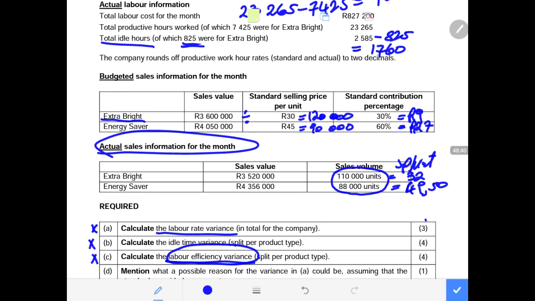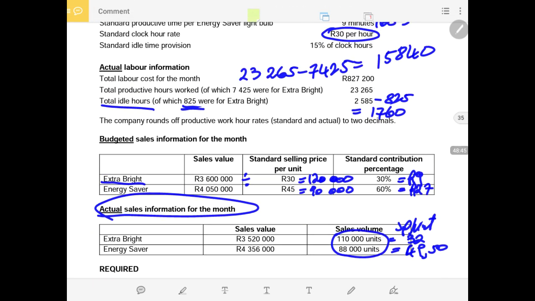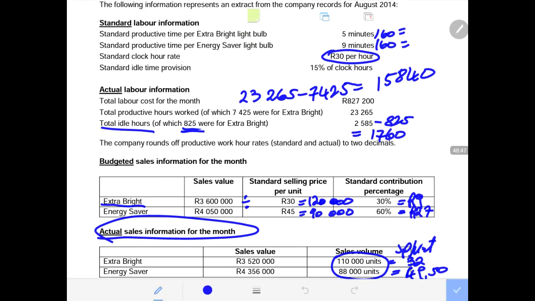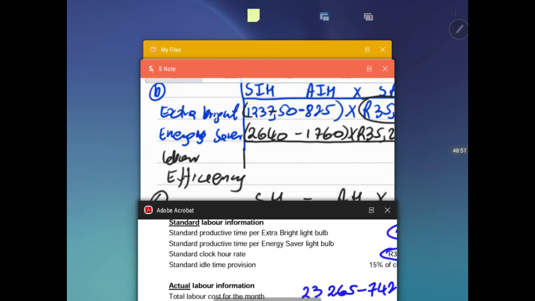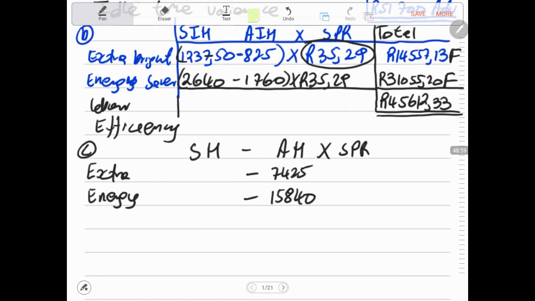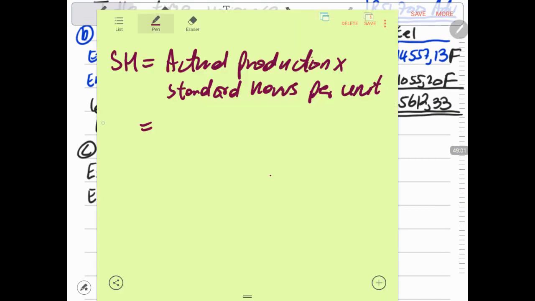Therefore, now we multiply that by the standard hours per unit. And our standard hours per unit is 5 minutes. Take note. Therefore, we multiply by 5/60 so that it becomes hours. For the extra bright it will be 5 minutes over 60.